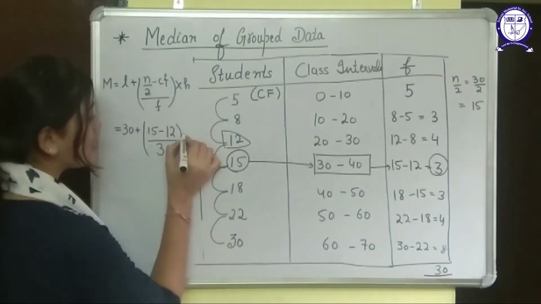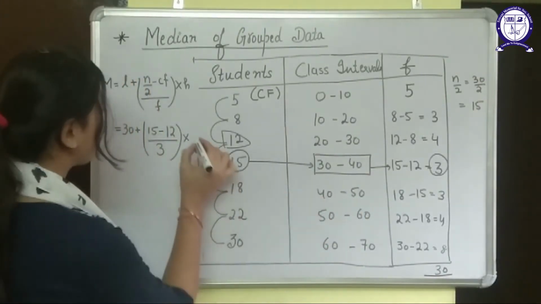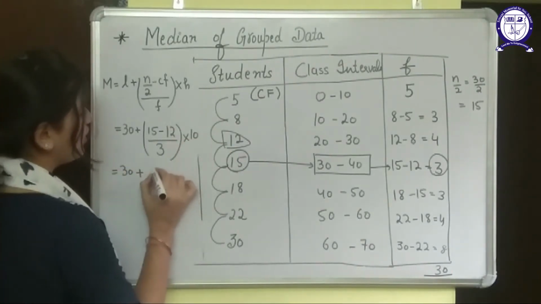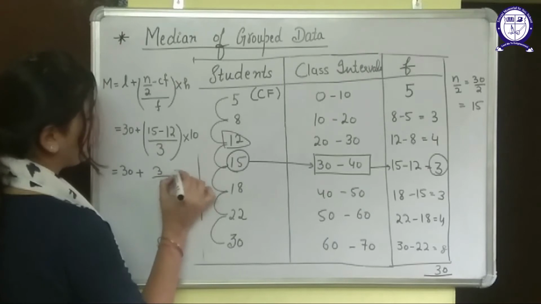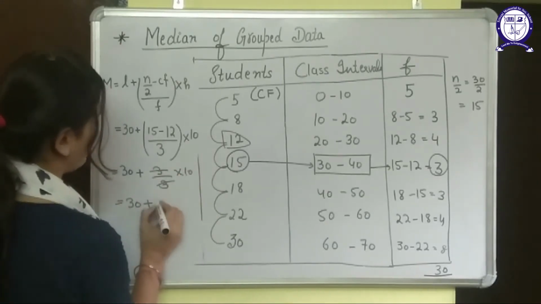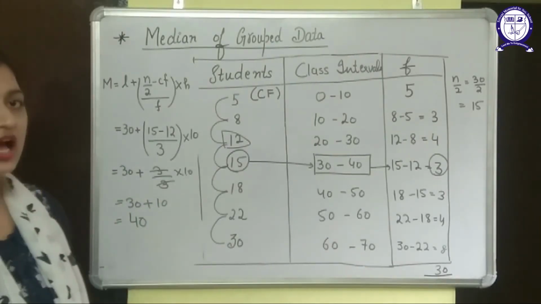And then h is the class width. Class width is 10. So my median will be 30 plus (15 minus 12) upon 3 into 10. And then it is 30 plus 10, that is 40. So 40 will be our median.